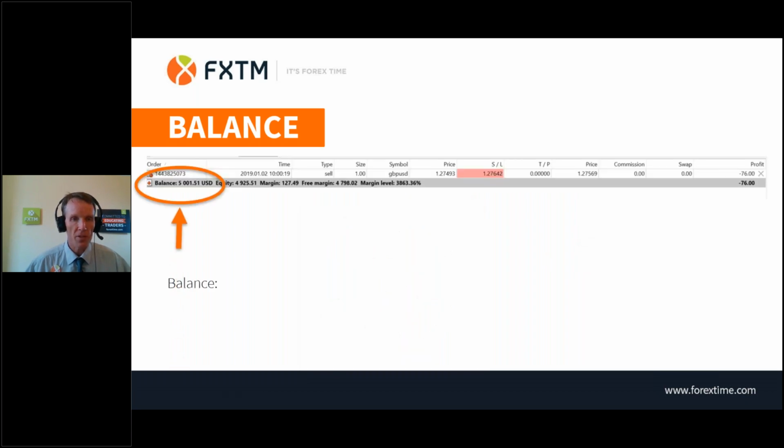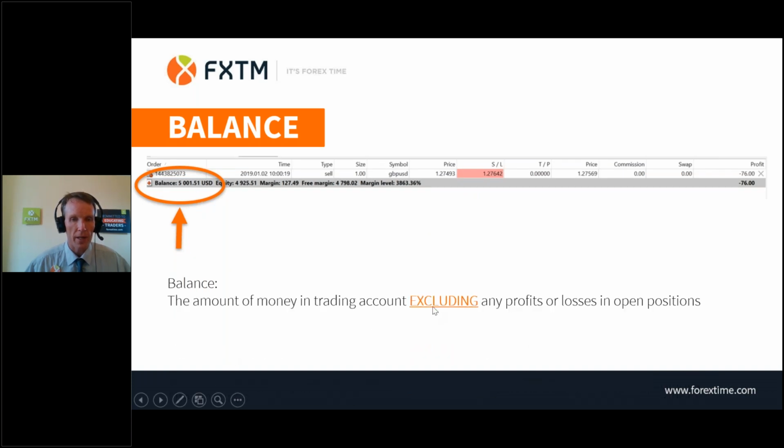Right. Firstly, the balance, that's the left one there. And the balance is simply the amount of money in your trading account, excluding any profits or losses in open positions. Now, when you're still trading with 1 or 2 positions, it doesn't matter so much. But if you start getting proficient and in a while you've got a couple of positions open that you're managing, then that becomes very, very important.